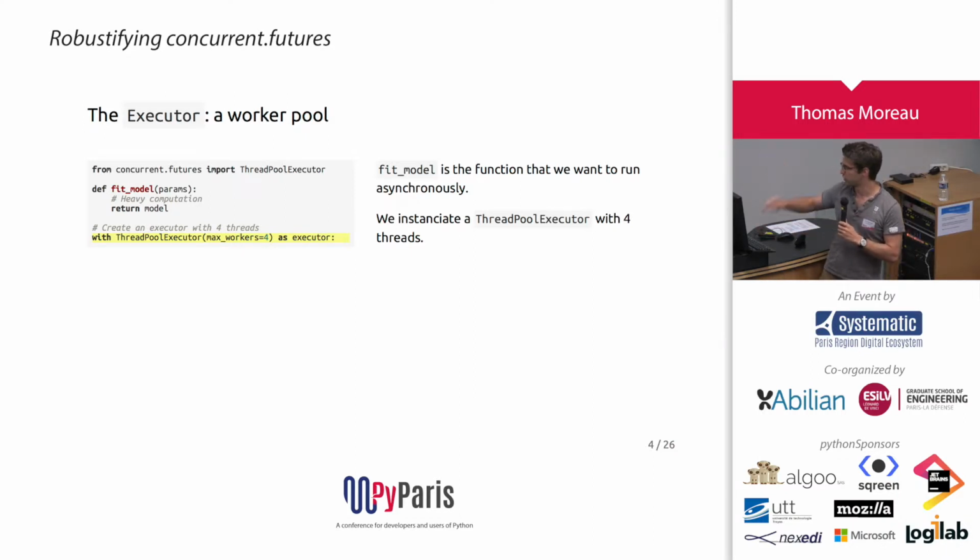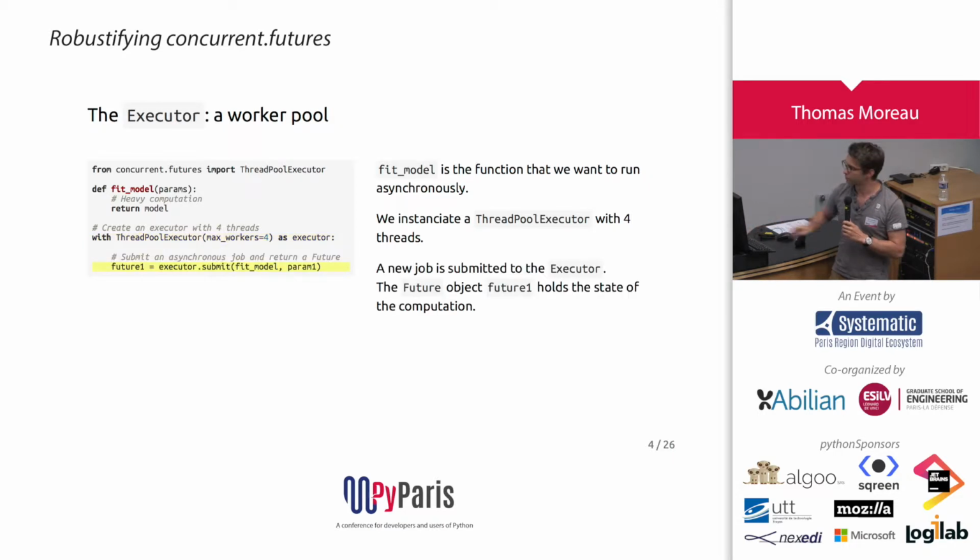So here I'm using 4 threads, and then I can submit a job. I'm just giving the function that I want to run in my thread and the parameter that I want to use, and this submit function will return almost immediately, giving you a future object.